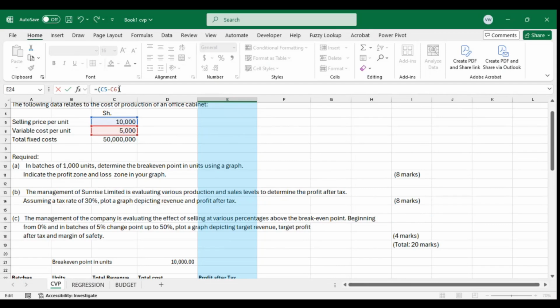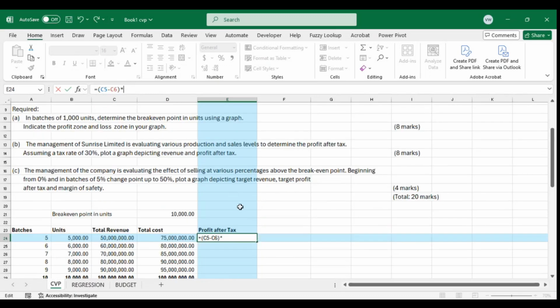So I say open bracket, then close bracket. If you're not comfortable with brackets, you can always have them in independent cells, whichever works for you. It is up to you to decide. Then you multiply by the units. This gives me the total contribution.